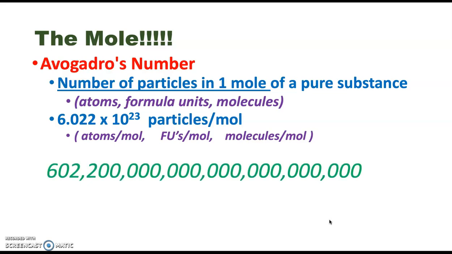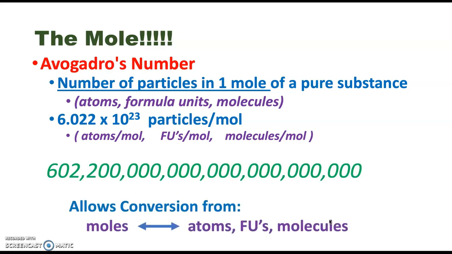It's this huge number. So again, we don't use it very much. It allows us to convert from moles to atoms, formula units, or molecules, which we don't actually really do in this class, just because it's not really that useful. What's more useful is that we actually go from grams to moles using Avogadro's number.